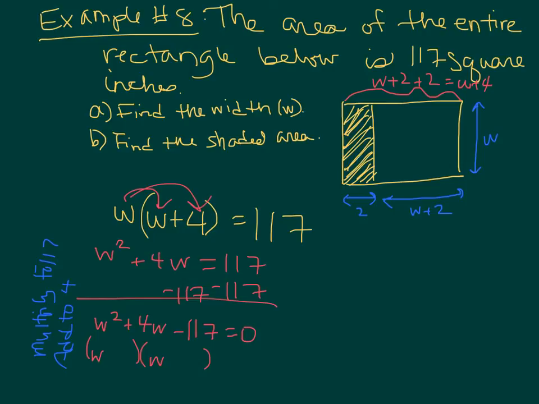Unfortunately, these are not easy to find. Generally, if I give you something like this on a test or quiz, the numbers will be slightly easier to work with, but I figured I would give you the hard one now and I would solve it for you. So the two numbers that are going to multiply to negative 117 and add to 4 are actually going to be negative 9 and 13.